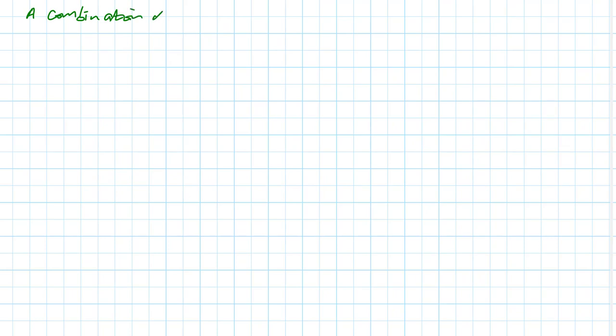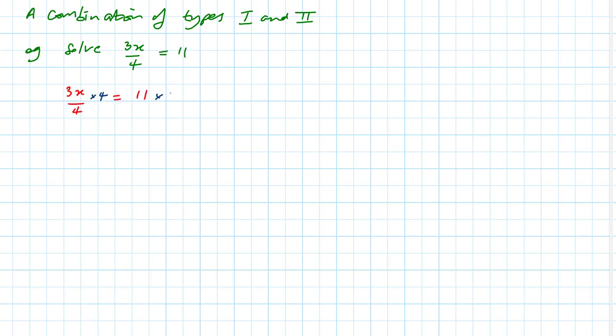The last section is when we use a combination of both types. So for example, this time we're going to solve 3x over 4 equals 11. The easiest thing to do here is to first of all get rid of the fraction, multiplying both sides by 4.